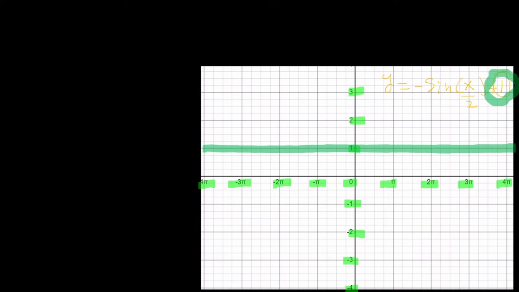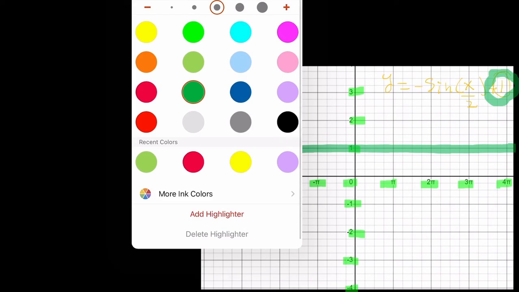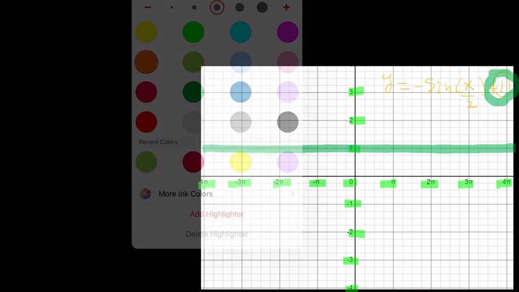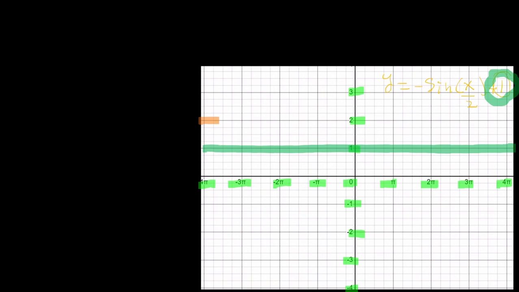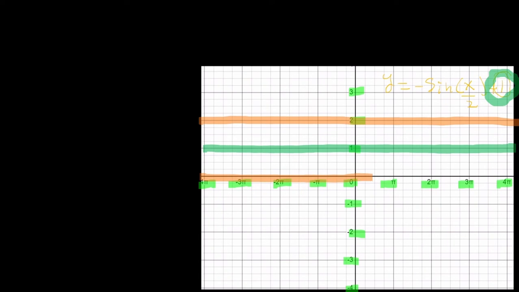Now look at the absolute value, guys. The absolute value, or the coefficient of the sine, is 1. So what that means is you're going to go up 1 from the midpoint, and then we're going to go 1 down. That's what amplitude really means: from right here, we just went 1 up, 1 down.